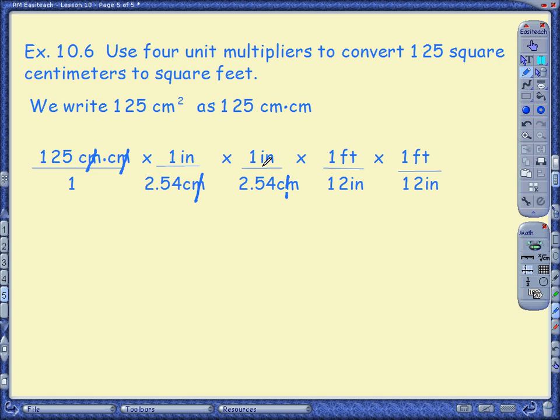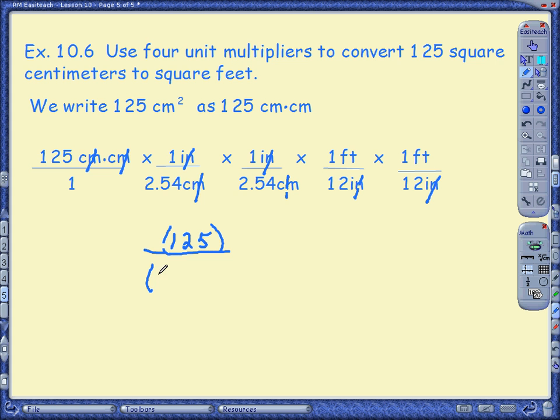We know we need to cancel out inches, so the inches in the next pair of unit multipliers goes in the denominator. We cancel that, and then we cancel this. And we have 125 times 1 times 1 times 1. That's going to be in our numerator, and that's going to be the only factor in there.